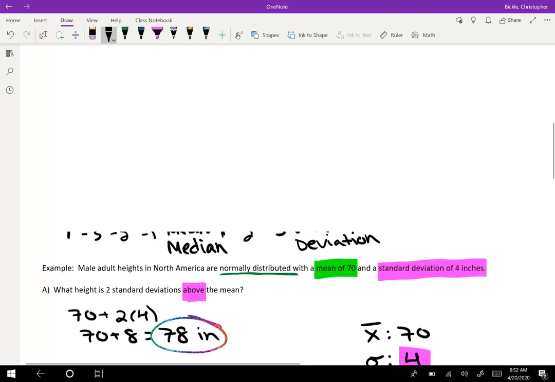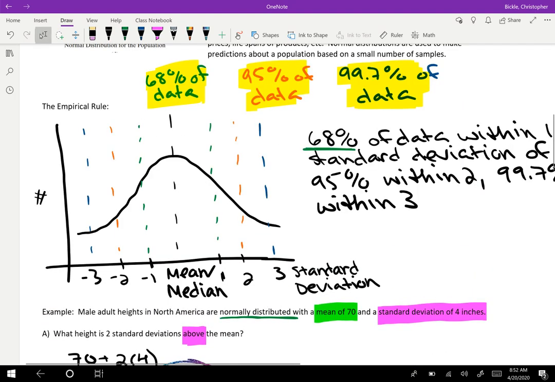So if we came back up to our graph again, and I'm going to erase this in just a second, I know that 68% of my data falls right there. I want to know, what's this part of it? So we want half of that 68, right? So half of that 68 is going to be 34.